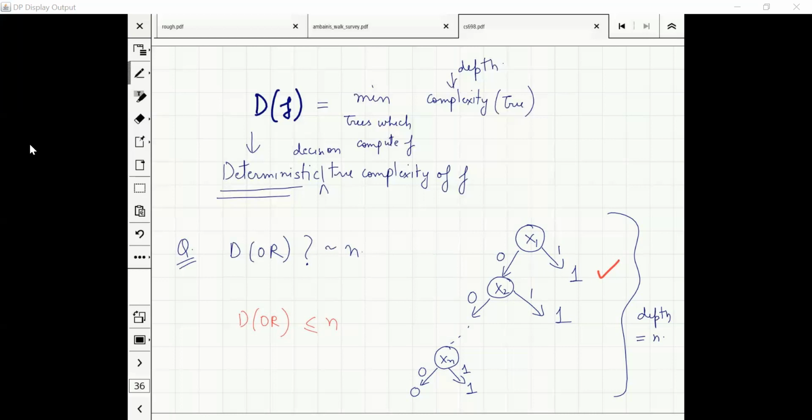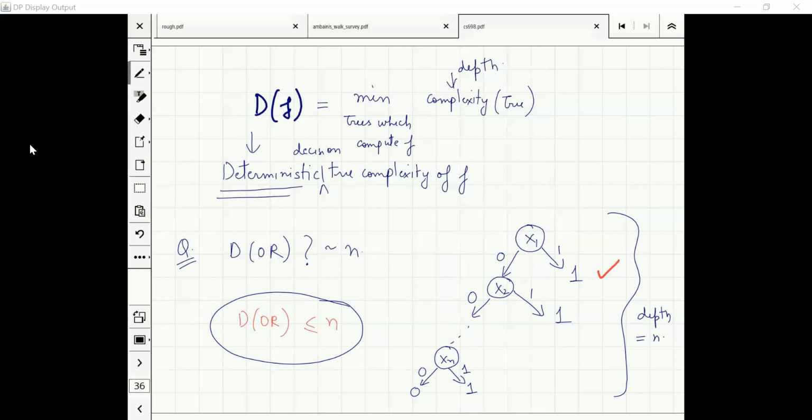If you think about it a bit, it seems hard to prove that the decision tree complexity is equal to n, but it seems like it should be n. There doesn't seem like a better way to do it. All of you are familiar with complexity. Whenever we talk about algorithms, most of the time, giving an upper bound is easy. In this case, we said D(OR) is less than or equal to n just by building this tree, and it was easy.